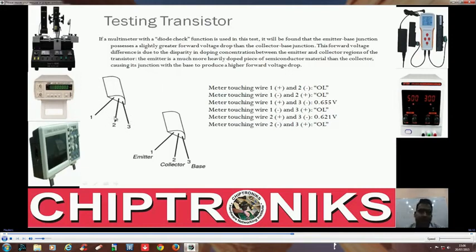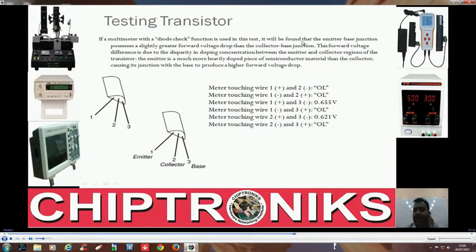For identifying those three terminals and for testing whether the transistor is okay, we will use the diode range of the digital multimeter. But before that, we must note a very important phenomenon in a transistor.